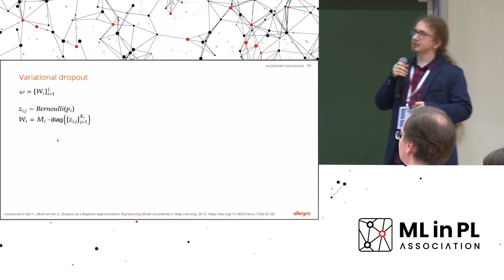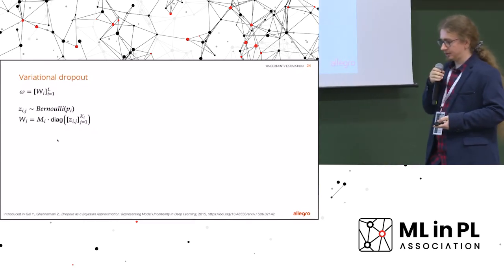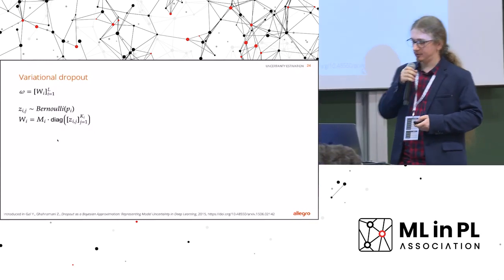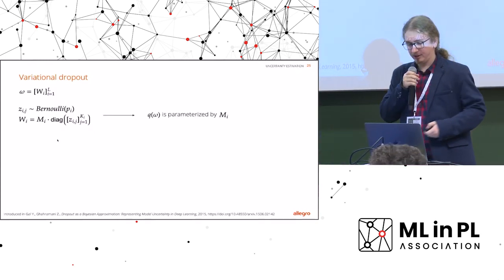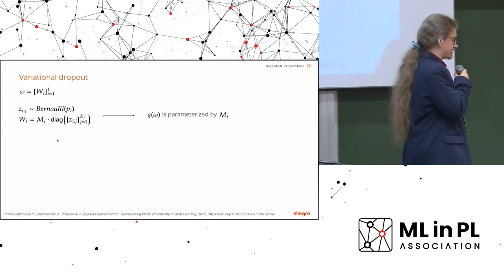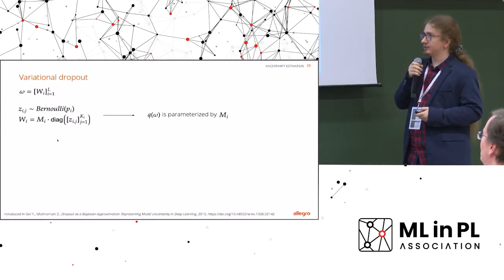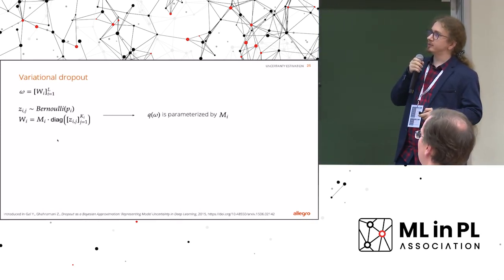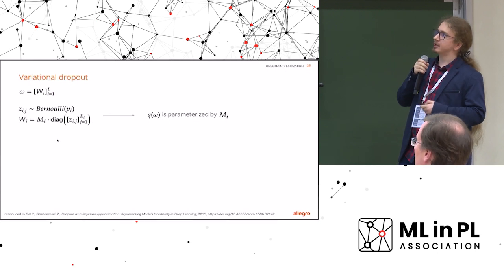And when we look at model training with dropout like this, we can say that this is our approximating Q distribution, which is parameterized by this Mi matrix.